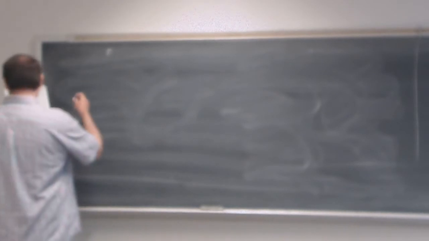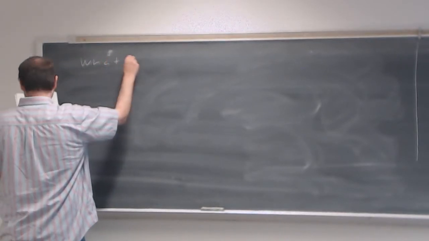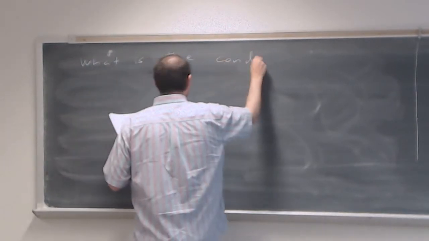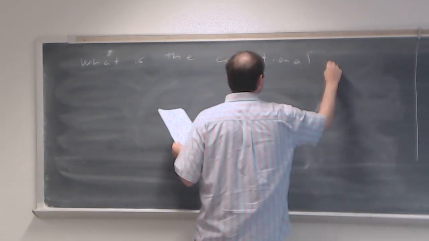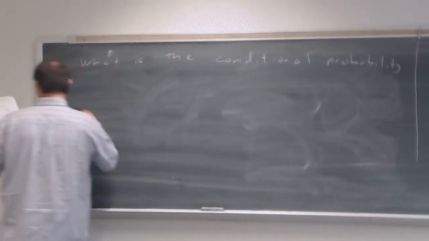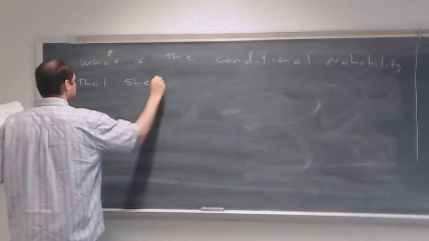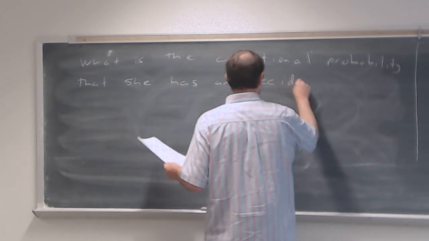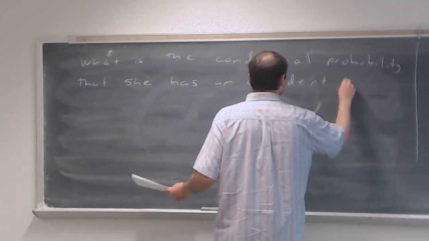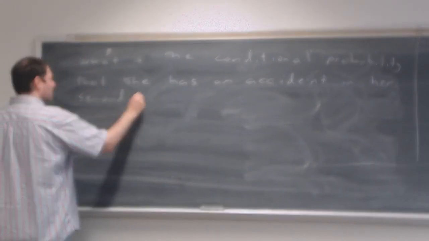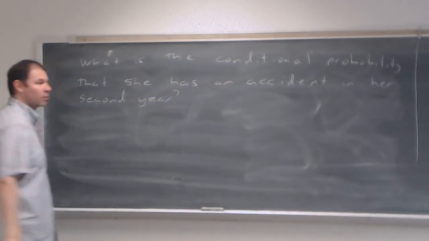So the first part is about the expected number of accidents in her second year. And the second part is what is the conditional probability that she has an accident in her second year. So there are two questions here.